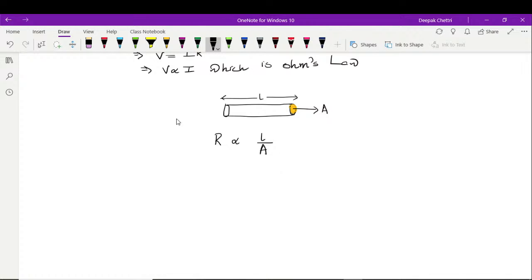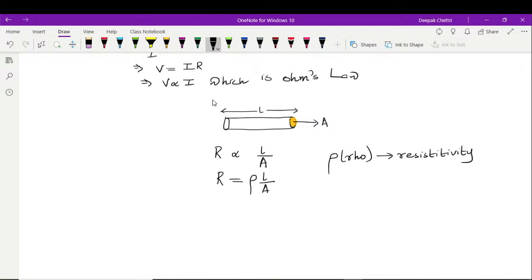If I have a conductor of length L whose area of cross section is capital A, then the resistance of this conductor will be directly proportional to the ratio of L by A, and if I remove the proportional sign, I get a constant, and that constant is rho, the Greek alphabet rho. It is called resistivity. Okay, so we will try to find an expression for that.